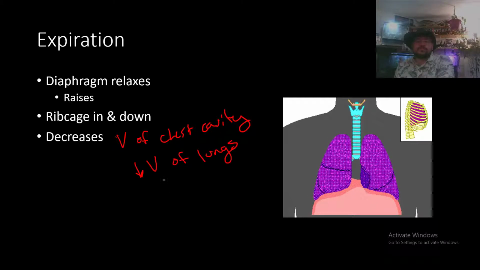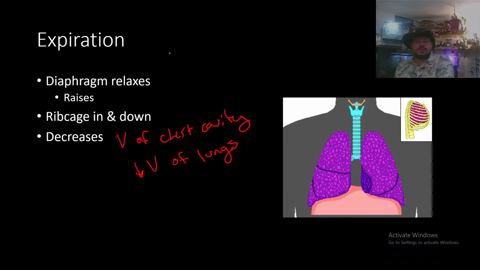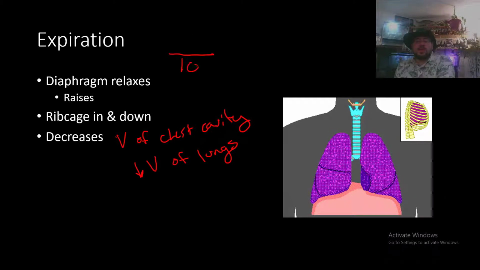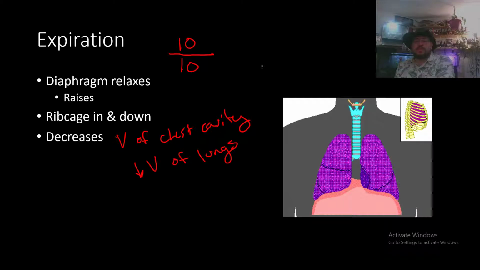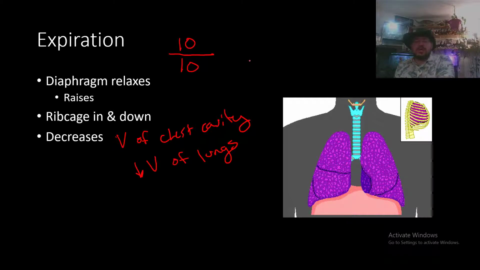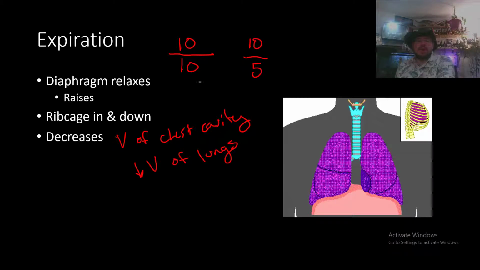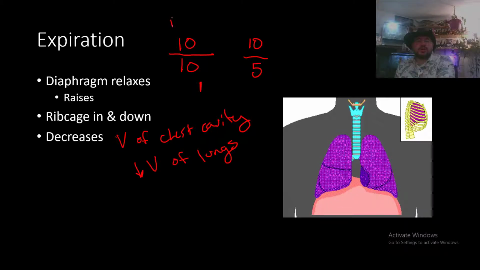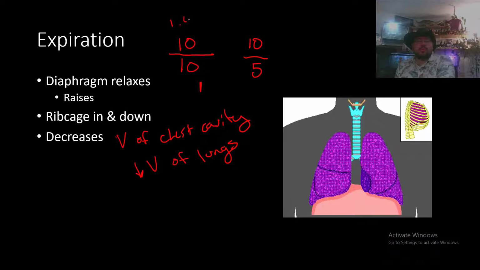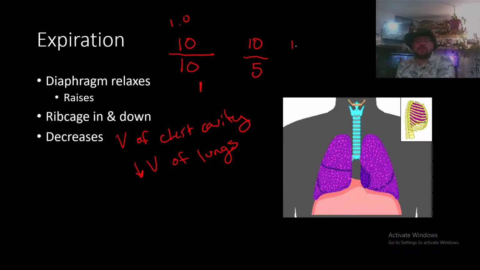So if our original pressure formula was this, and we squeeze them lungs down, here was our outside pressure, and it's 1.0, and now we've decreased the volume and it's 1.5.